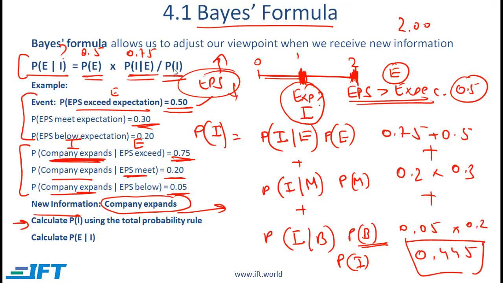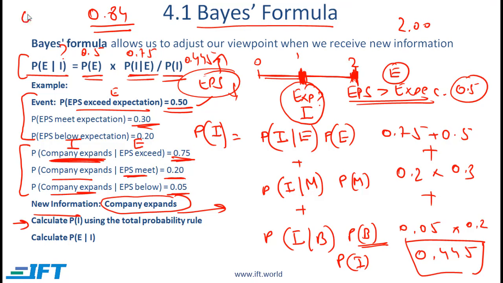0.445, that is what you plug in over here. So instead of P(I), you can now put in 0.445, and when you do the maths, 0.5 times 0.75 divided by 0.445, what you should get is 0.84. So the interpretation is that the probability of the event being earnings per share exceeding expectation, given the new information that the company expands, is 0.84.